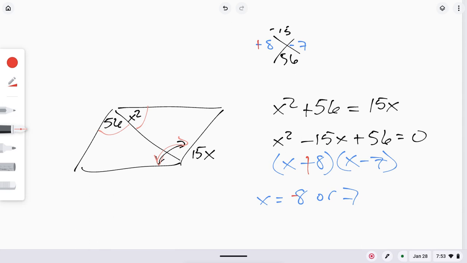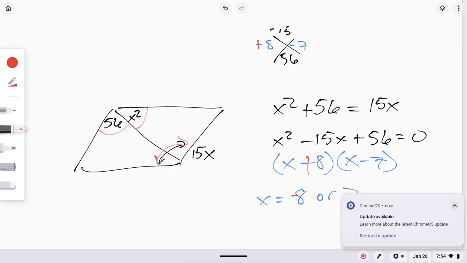And negative answers are not really possible. If it was 15 times -8, you would have had a negative answer for that angle, and that's not actually possible. Now, x squared, when you square a -8, that is a positive number. So that would have been possible.